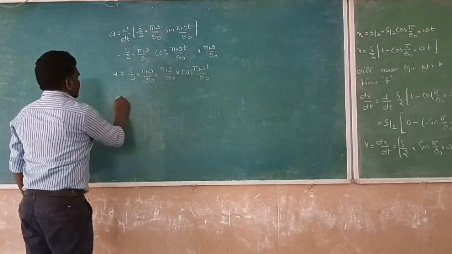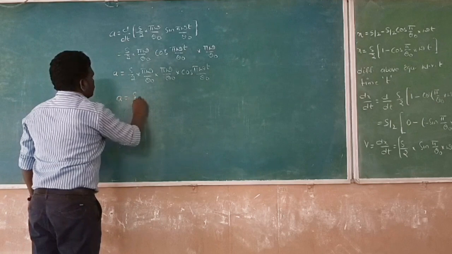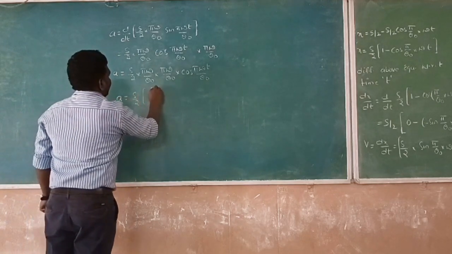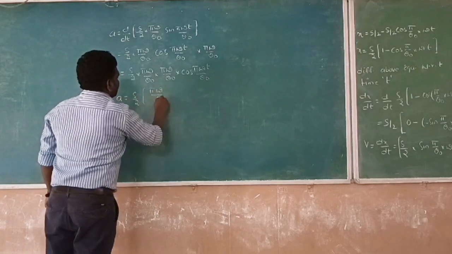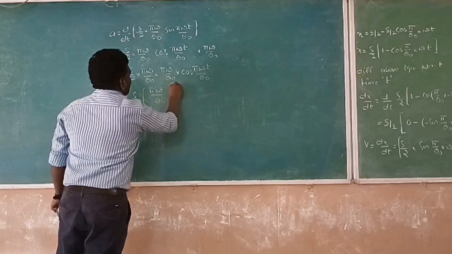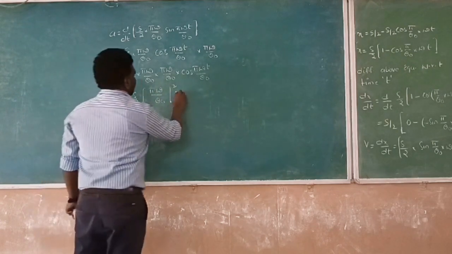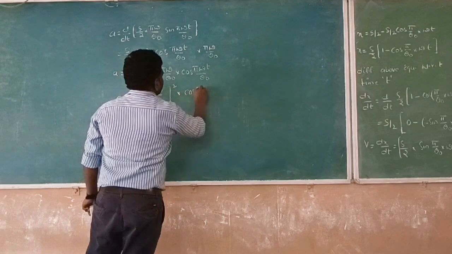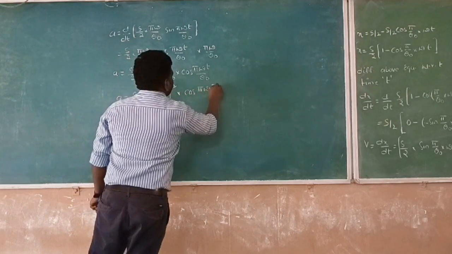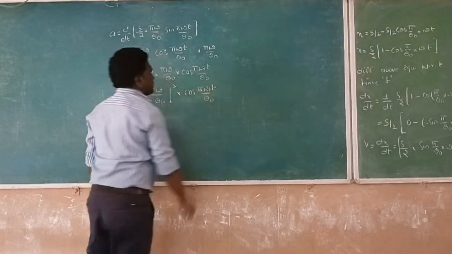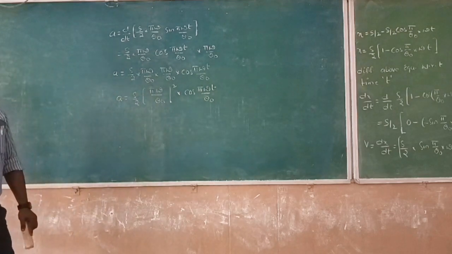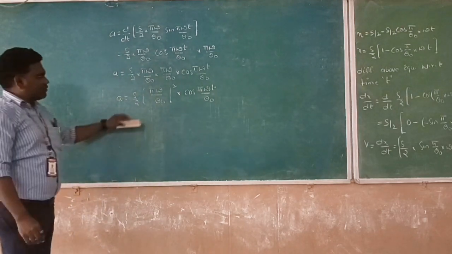So a is equal to (s/2)(πω/θ₀)² cos(πωt/θ₀). So this equation is going to give the acceleration.